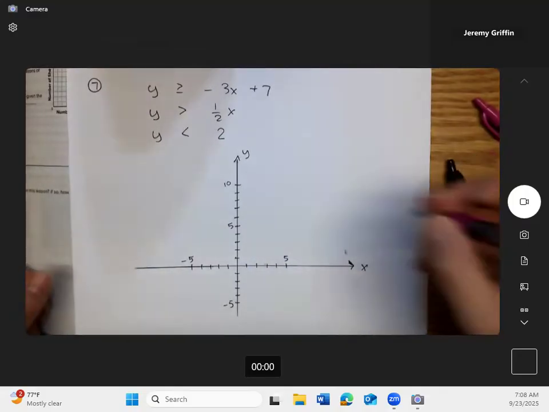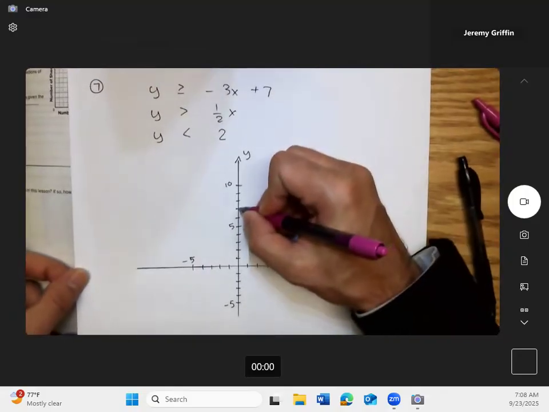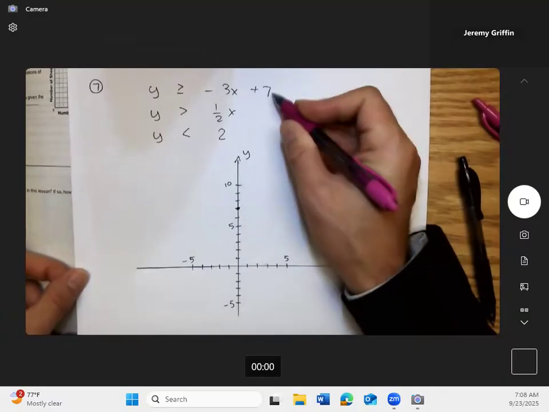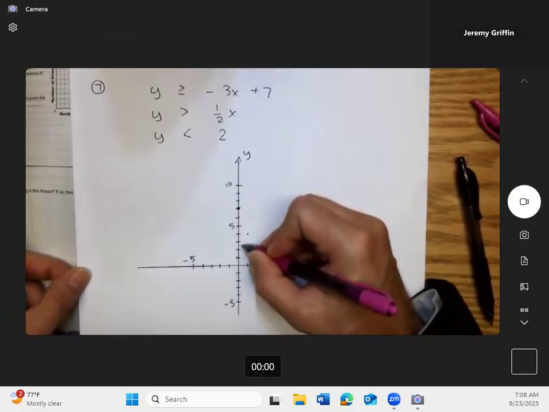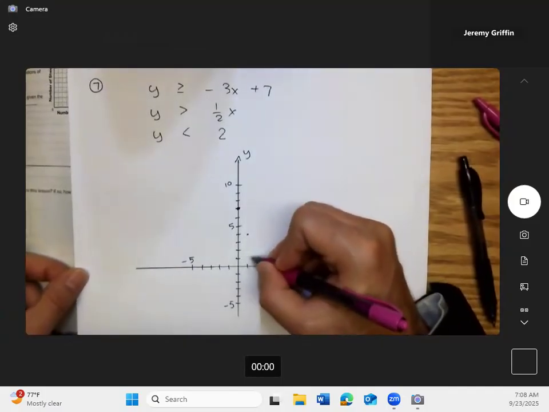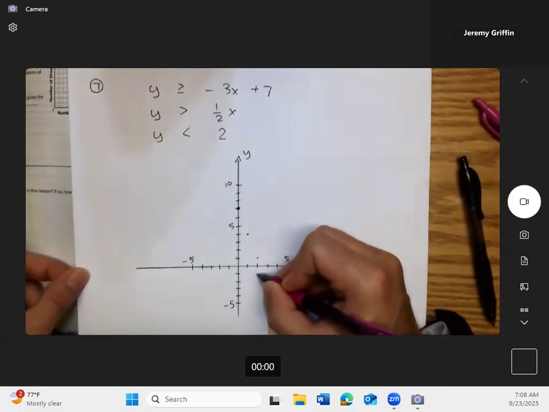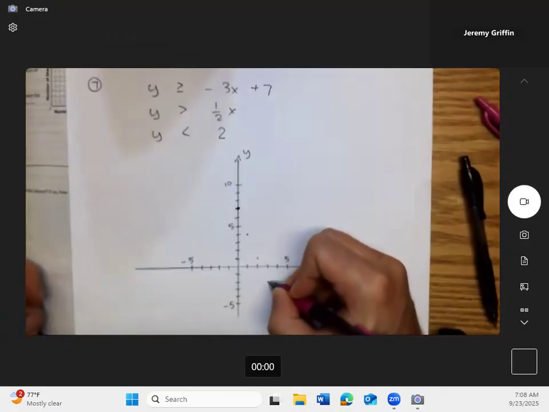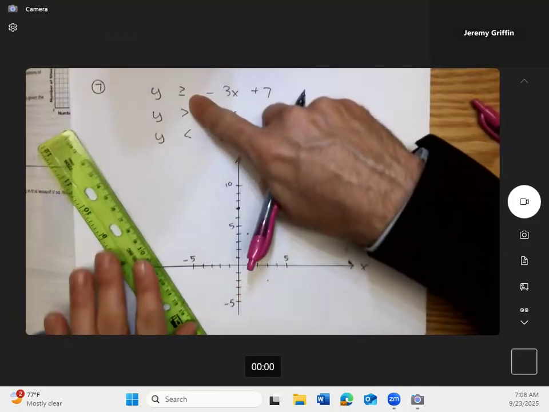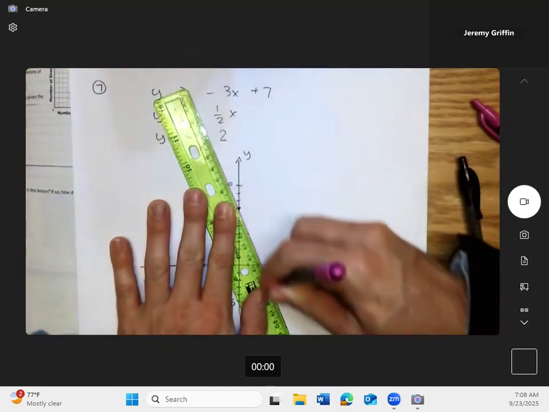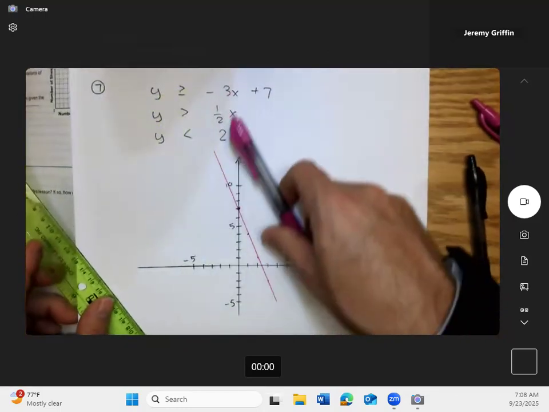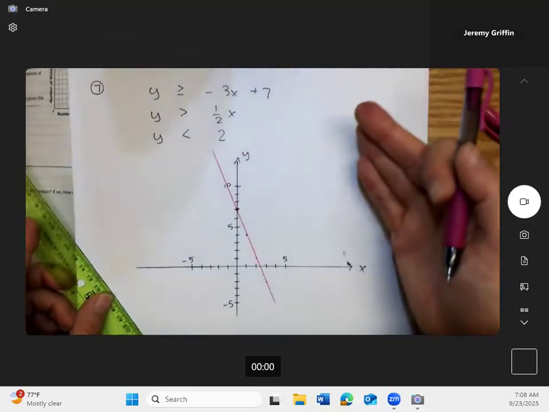Right, so negative 3x plus 7. So the plus 7 is right here, my y-intercept. Okay. And then down 3 over 1, down 3 over 1, and down 3 more over 1 again. I can keep going. Okay. And then since it's greater than or equal to, this would be a solid line. So it can be anything above this line. So like 11 to the right in this case, right?